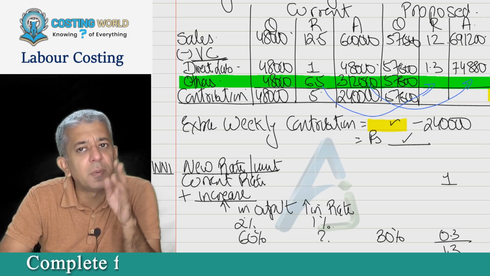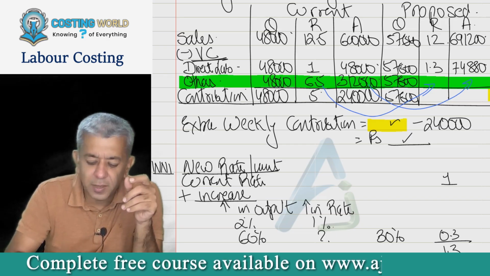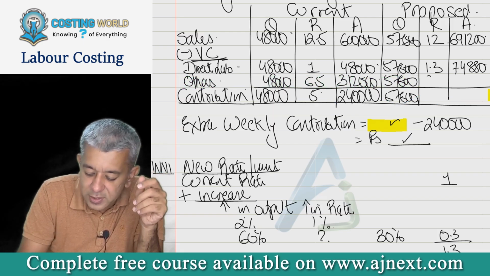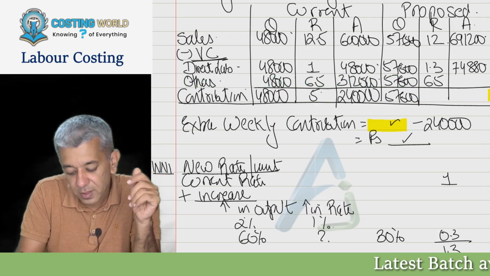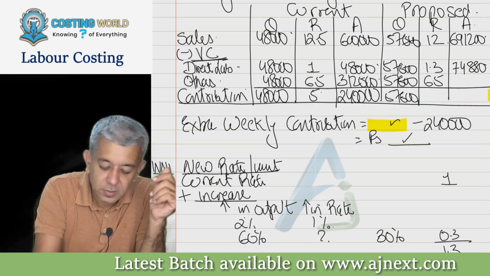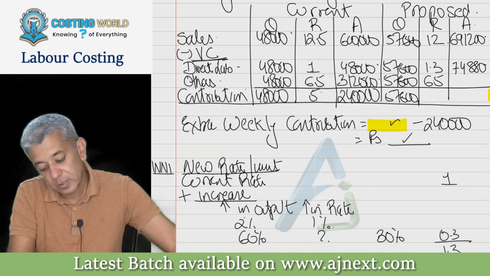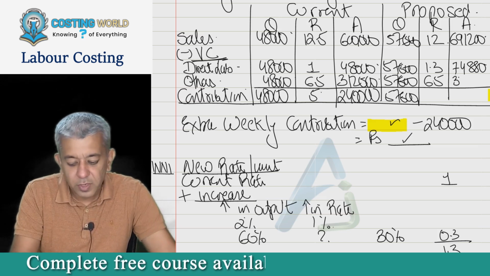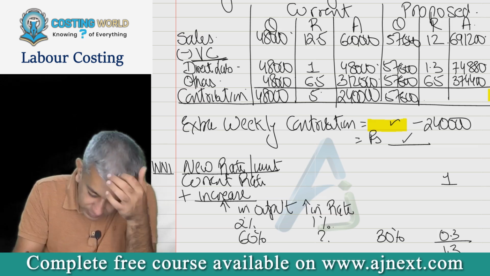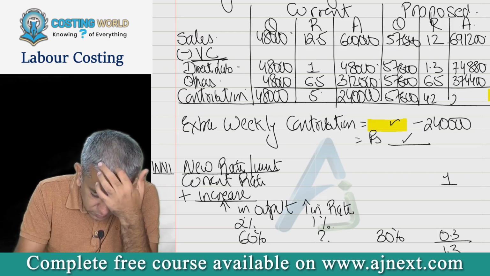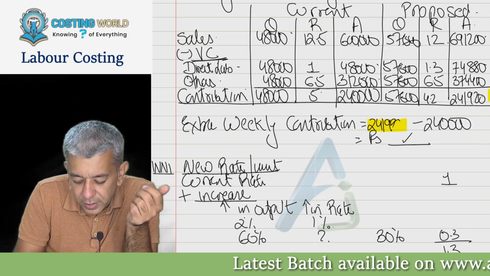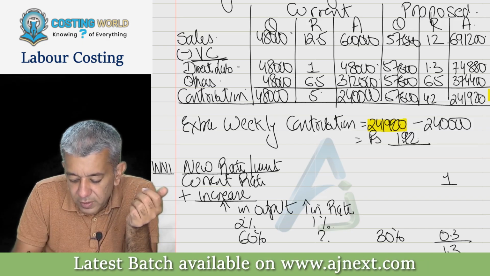Beta, these are variable costs. Variable cost will be remaining same per unit. So therefore, in this particular case, this is 6.5. This comes to how much? 374,400. This is 4.2, 241,920.